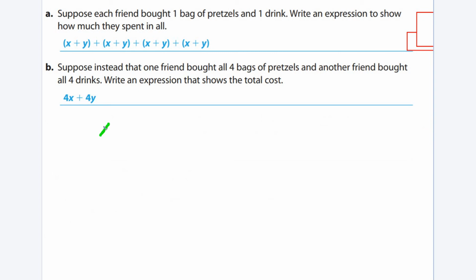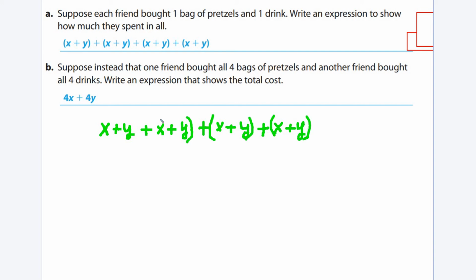For letter A, you have the x plus y plus x plus y plus x plus y, and again plus x plus y. Okay, we can put those parentheses just like they did to separate each person.